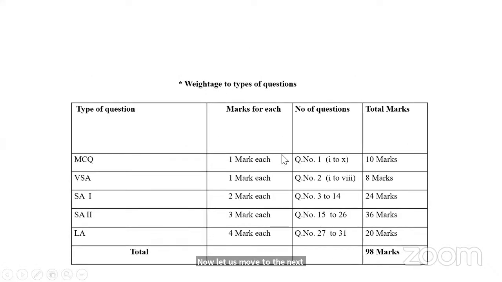Now let us move to the next slide. Again, this will be a short review of the paper pattern. So as you can see, this is the weightage to types of question. Section A, MCQ and VSA, very short answer type, each is of 1 mark.